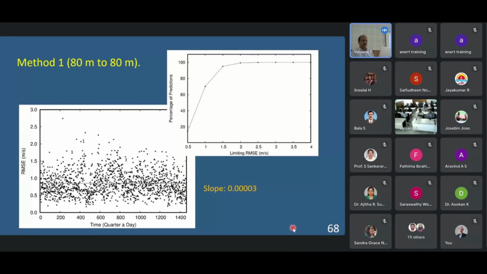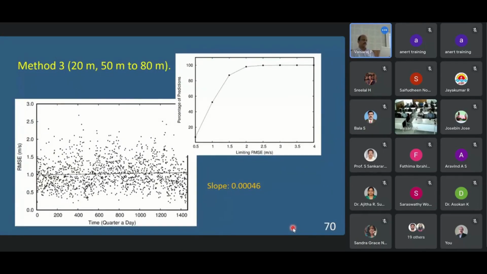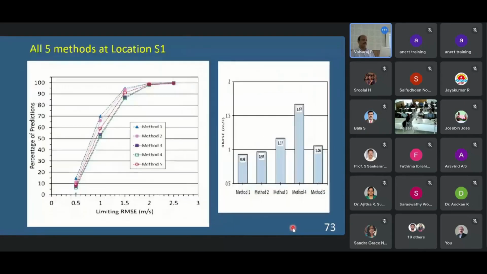So this is for method 1, the conventional method, and this is for method 2. The similar approach for method 3, method 4, and method 5. I put that together in here. Of course, the conventional method is the best one. Others are less accurate.